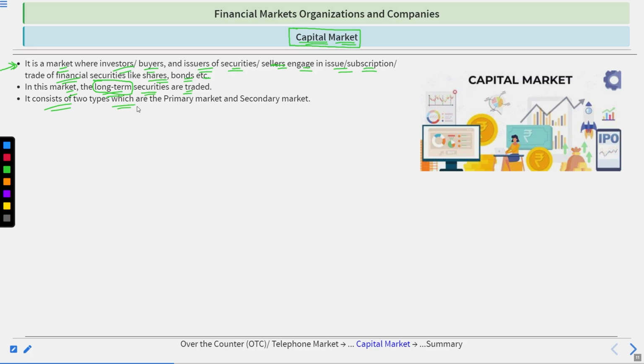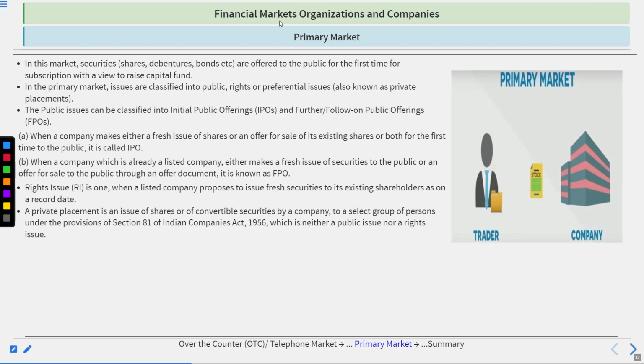It consists of two types. First is the primary market. Second one is the secondary market. Now let's understand them both. First is the primary market. Before starting the primary market, let me tell you one thing in a straightforward manner. The primary market is for the first time. Now what does it mean?